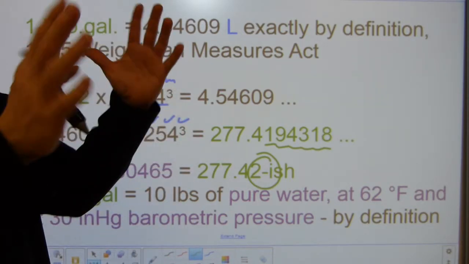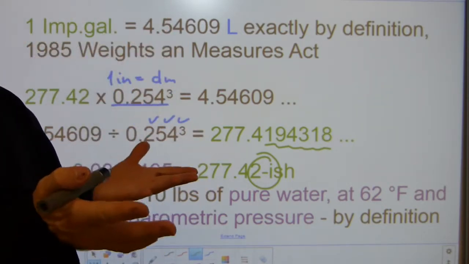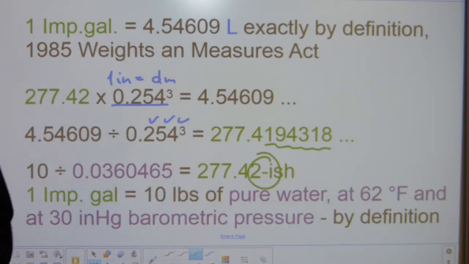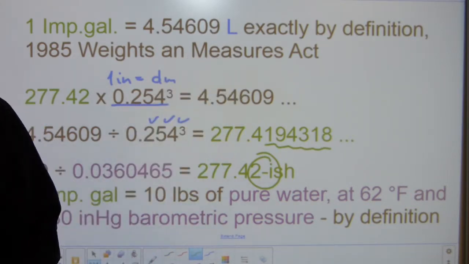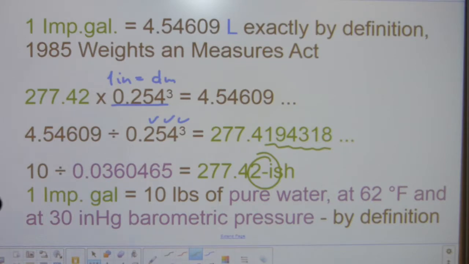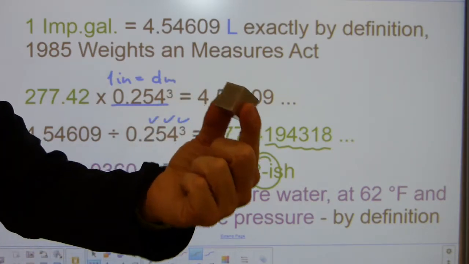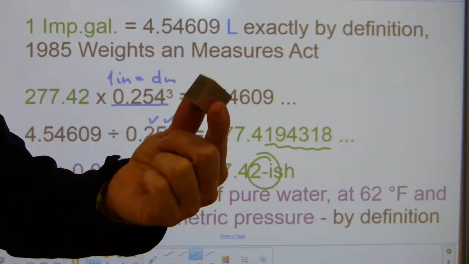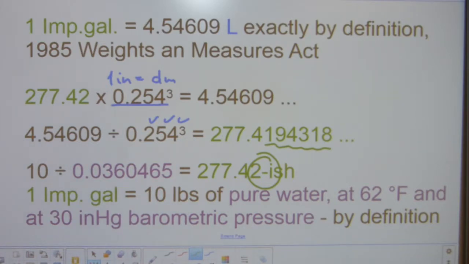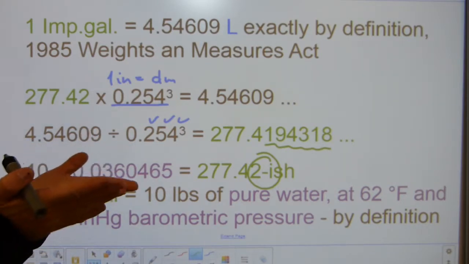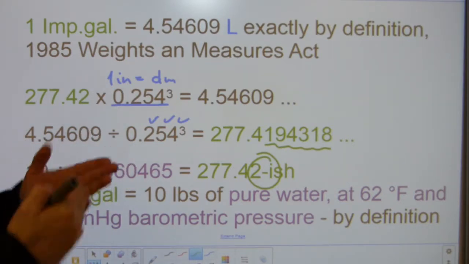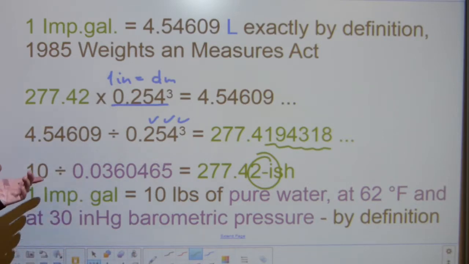Now, 10 pounds of water can take up the shape of any container, but if 10 pounds of water is in a cube or in small cubes, it's going to take up about 277.42 of these cubic inches. Now, the weight of water is a problematic concept because it involves, here is the figure 10, so that's 10 pounds.